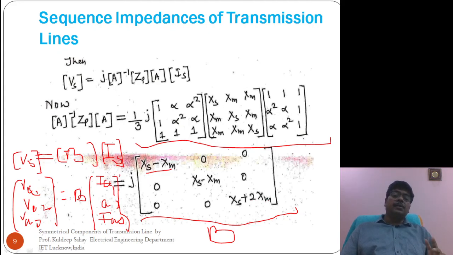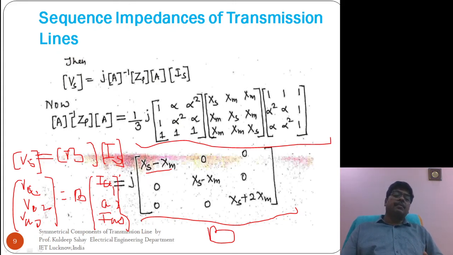So one can see very easily from this expression that Va1 is simply the product of the positive sequence impedance and the positive sequence current.